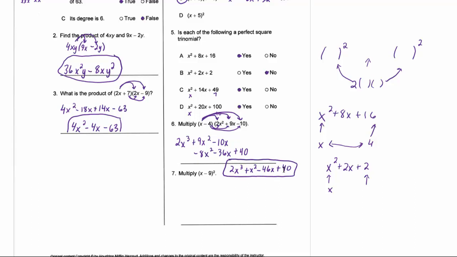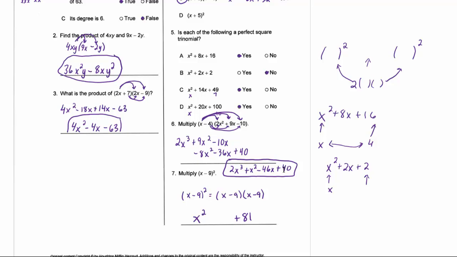And finally, I'm going to multiply x minus 9 squared. If you know the pattern, then you don't have to show any work. But if you don't know the pattern, what you want to do is make sure you do x minus 9 written twice in FOIL or distributive property, because if you just look at x minus 9 squared, you might think that this is x squared plus 81 or minus 81, and that would not be the whole story.